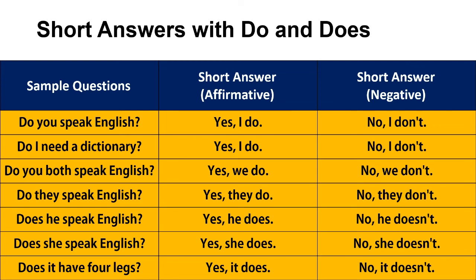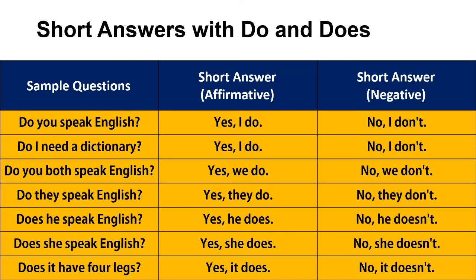Yes, they do. No, they don't. Now, shall we check another example of a singular third person pronoun as subject? Does he speak English? And if it is an affirmative answer, you say yes, he does. And if it's negative, you say no, he doesn't.